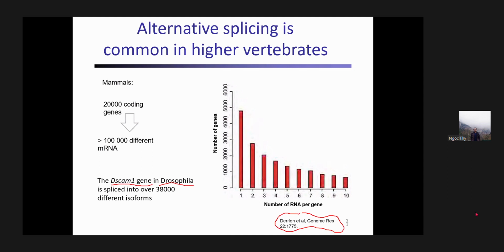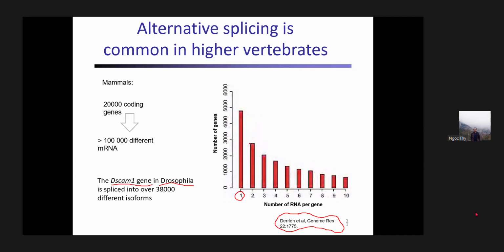This is research published in Genome Research, which found that the human genome is composed of 25,000 genes. Fewer than 5,000 genes encode only one mRNA molecule.